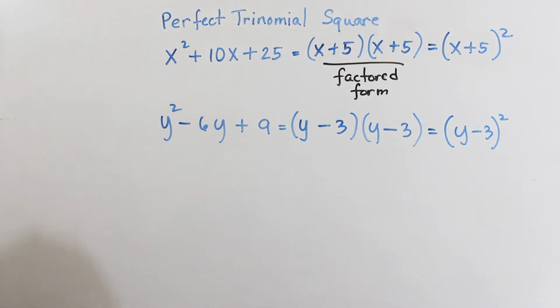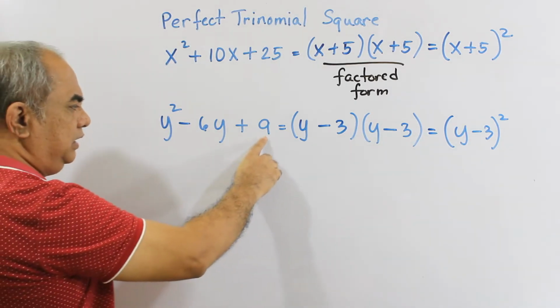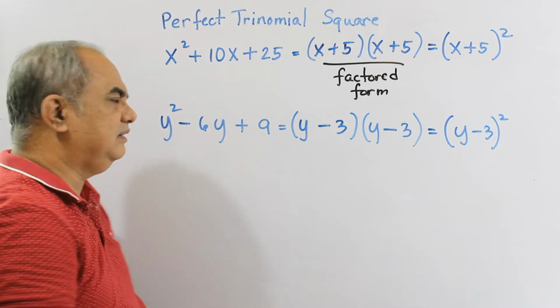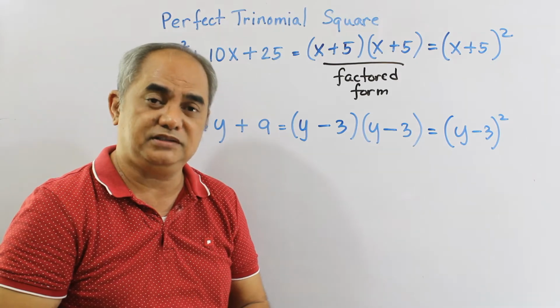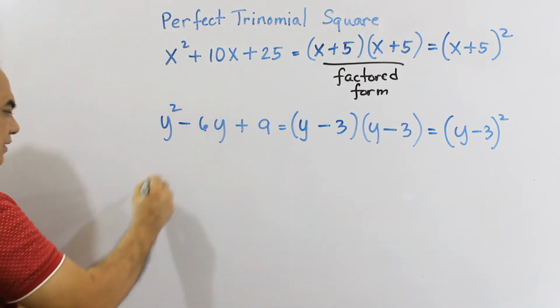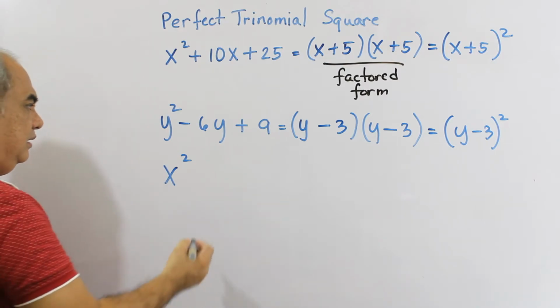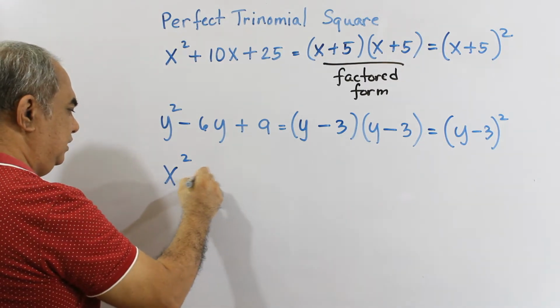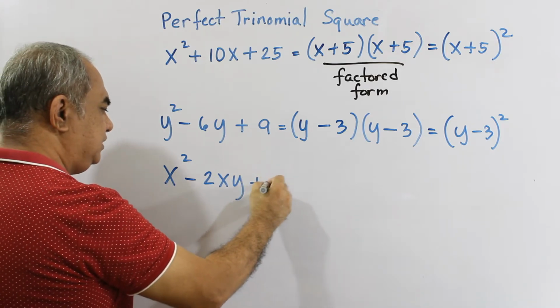Let's have an example wherein our last term is not a number or constant. What if it is a variable also? Let's say we have x squared minus 2xy plus y squared.